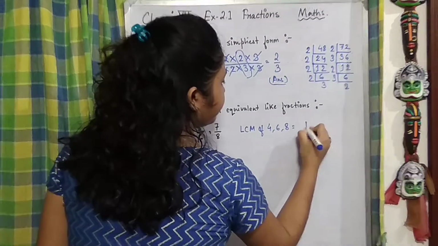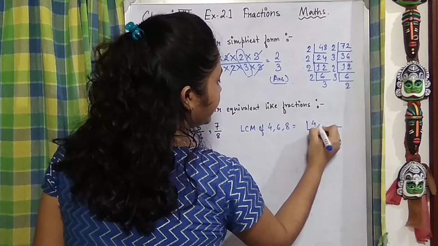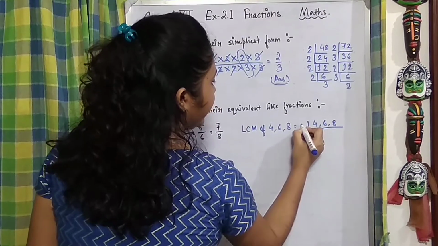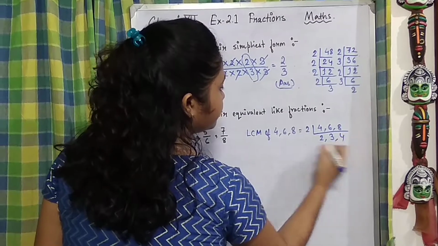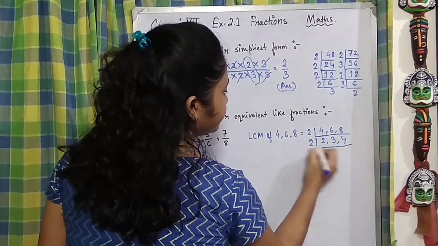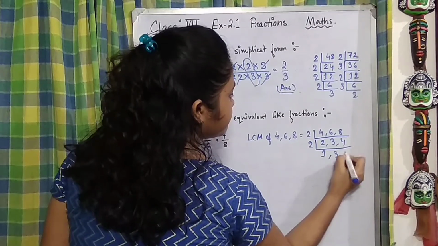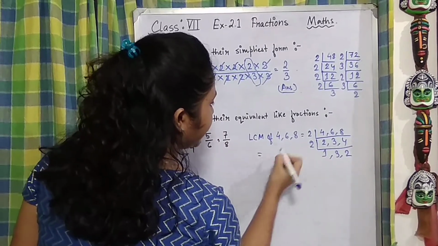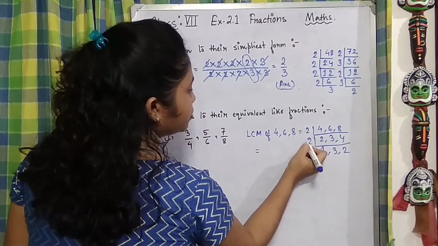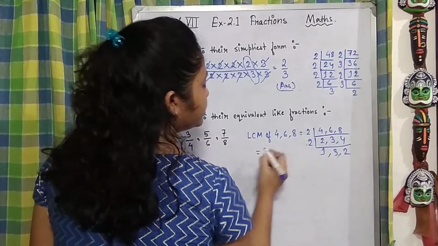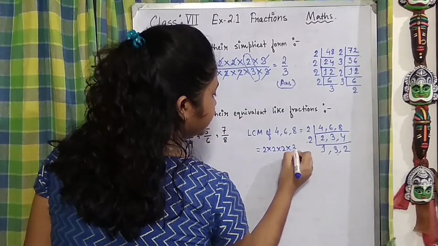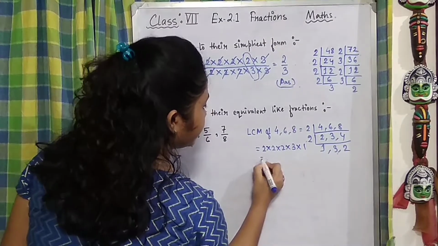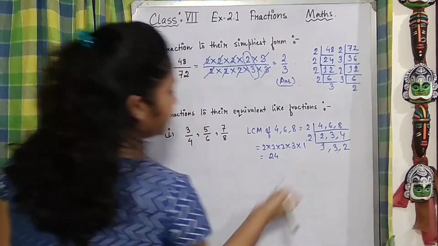So 2 2's are 4, 2 3's are 6, 2 4's are 8. Now after multiplying all these, 2 2's are 4, 4 3's are 12, 12 2's are 24. So 2 into 2 into 2 into 3 into 1, we get 24.